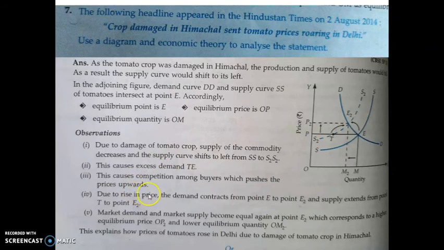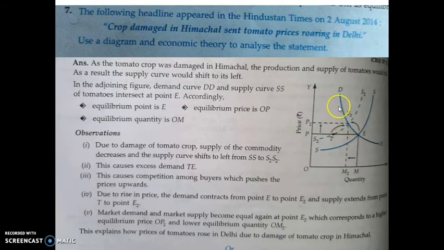Due to the rise in price, the demand contracts from point E to E2. Here the demand is the same; there is no change in demand. Due to the shift in the supply curve, there is a contraction in demand.